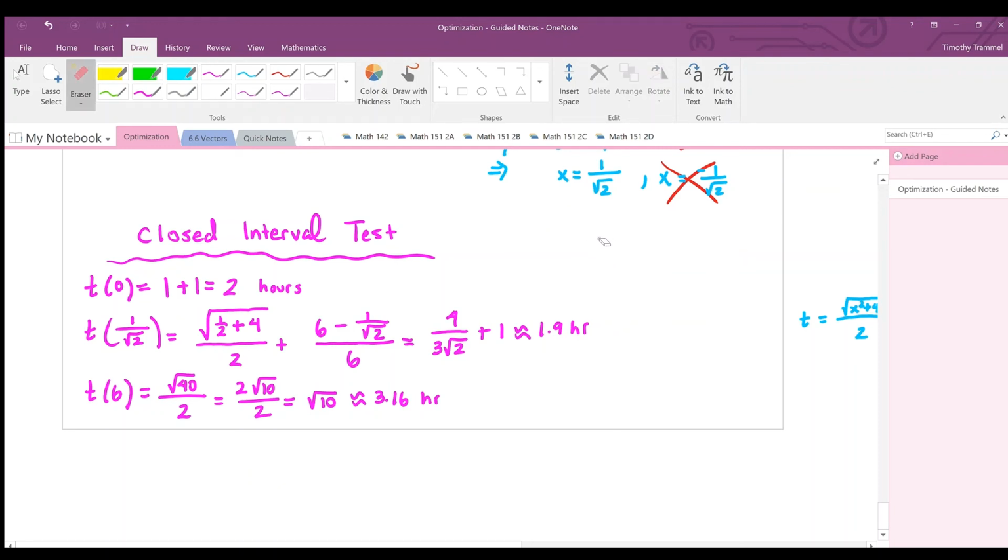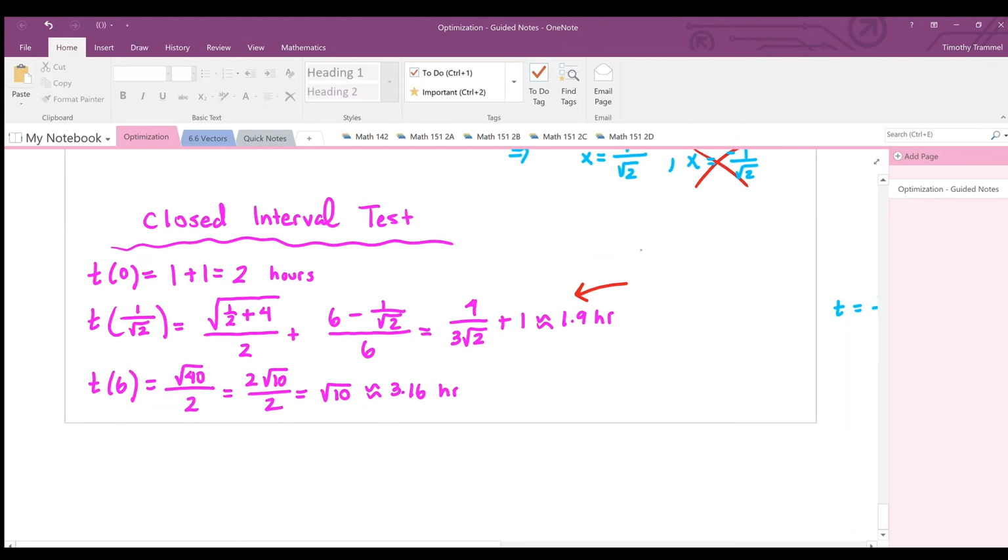But let's go ahead and just write down what we've said here. We should aim for 1 over the square root of 2 miles down shore.